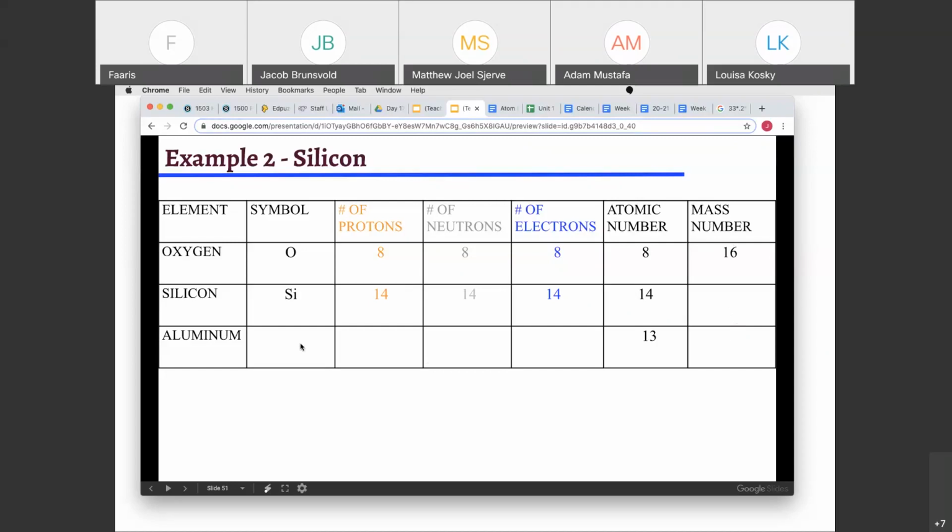Good. So then last up is aluminum. Aluminum has atomic number 13. Okay, so what's our chemical symbol for aluminum?